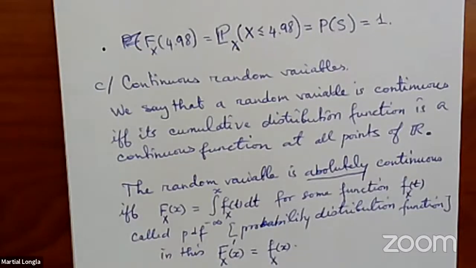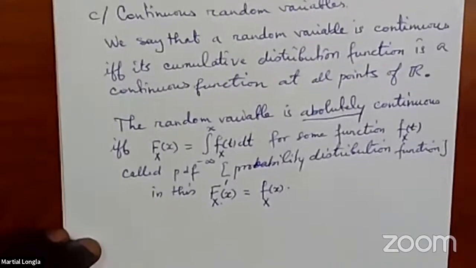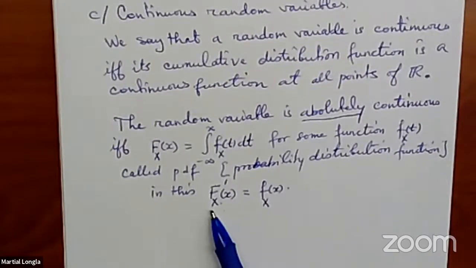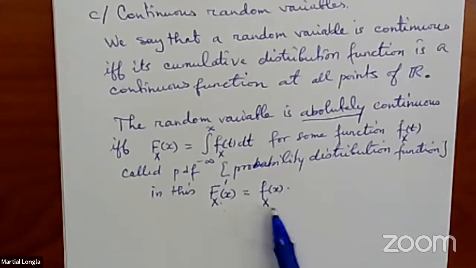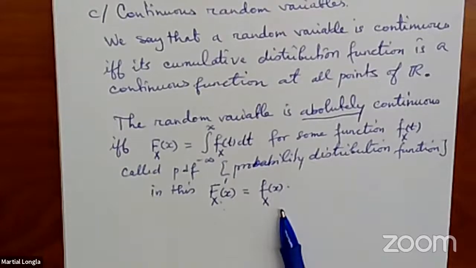So now we have two things defined: a probability distribution function and a cumulative distribution function. The derivative of the cumulative distribution function is equal to the probability distribution function when the random variable is absolutely continuous.